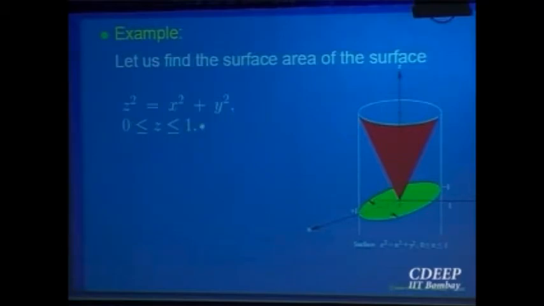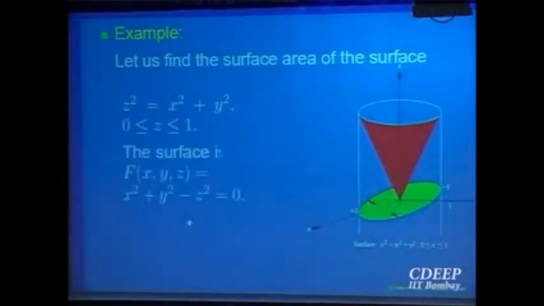So a parameterization can be given as x i plus y j plus square root of x squared plus y squared k. And what will x and y be varying over in that case? The projection of the surface onto the xy plane, because we are taking x and y as the parameters. So that is the disk here, the circle.